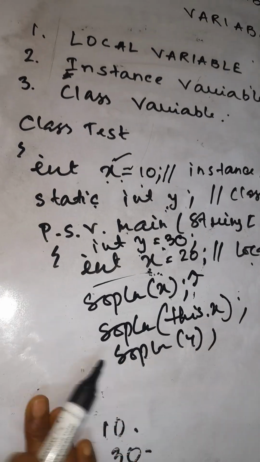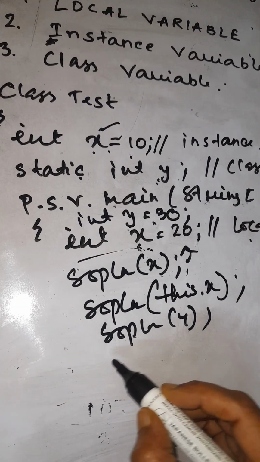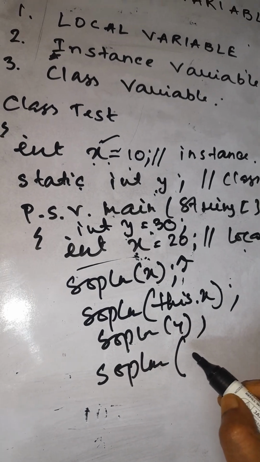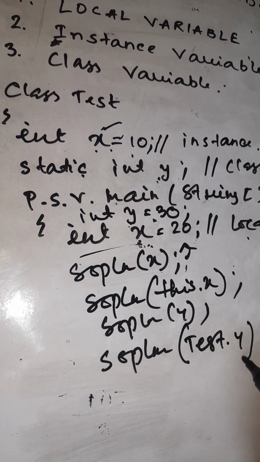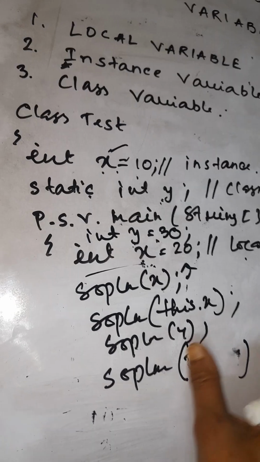That y is the class variable or static variable, and all of you know that for a static variable, when you want to print it, you have to use the class name: Test.y. But main is also a static function within the same class.